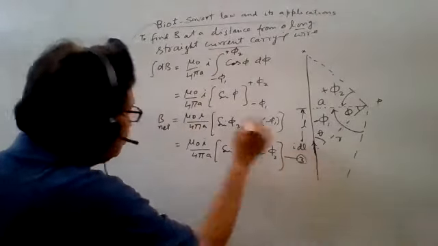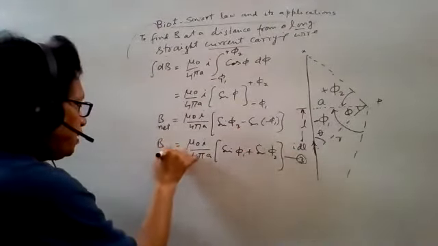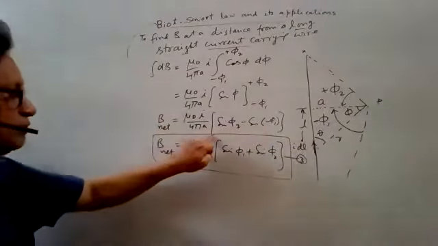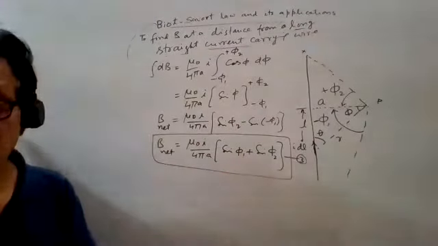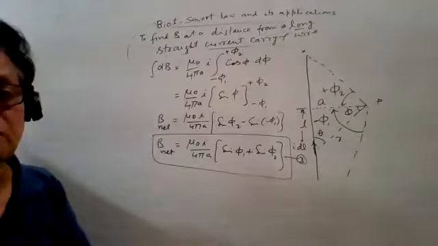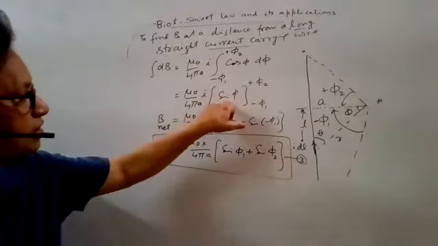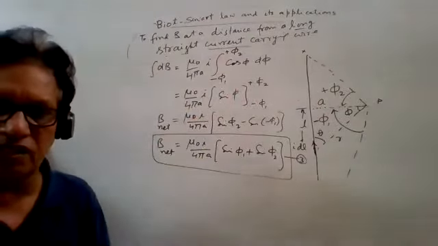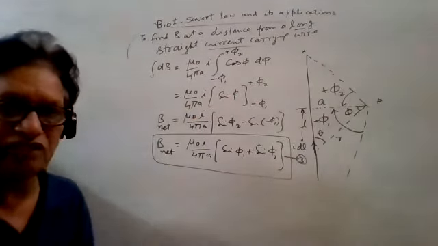There is the resultant final formula for the magnetic field, resultant or net, given by equation 3. Up to this, we have put the limit minus phi 1 to plus phi 2. By integrating this cos phi and putting the lower and upper limits, we got this final relation, final expression.